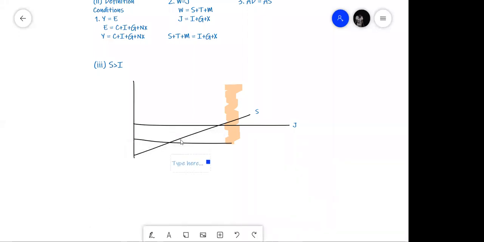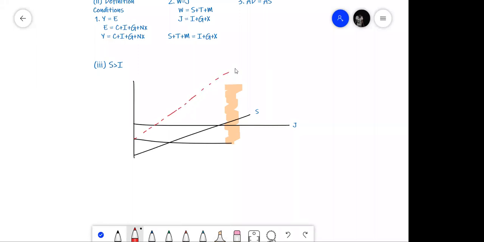So what is the situation called? I'm hoping you all know by now. I think I taught you all the full diagram. So the y equals E line is there, and you have the expenditure function.